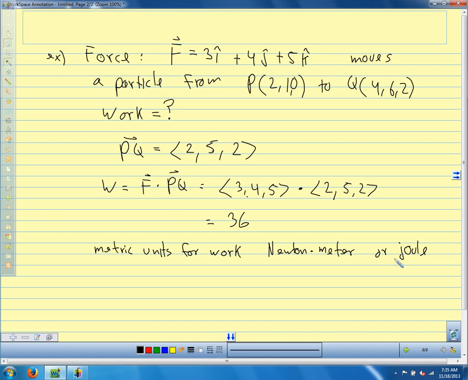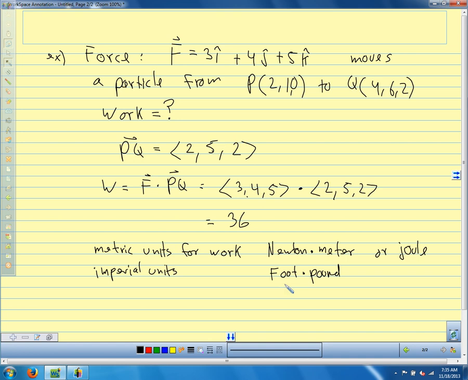And we can also talk about Newton centimeters, those kinds of things. But our most common unit is a Newton meter or a joule. In imperial units, our most common unit is a foot-pound. We could talk about inch-pounds and that kind of thing as well.